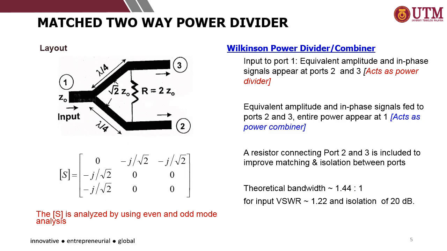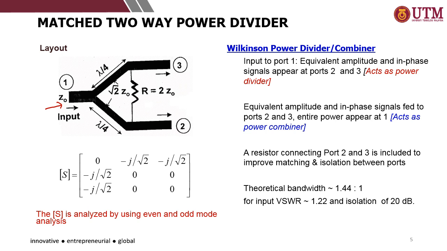Okay, for a matched two-way power divider or Wilkinson power divider, if you have the input being divided equally into port 2 and port 3, equivalent in amplitude and also in phase, so it is a matched power divider.